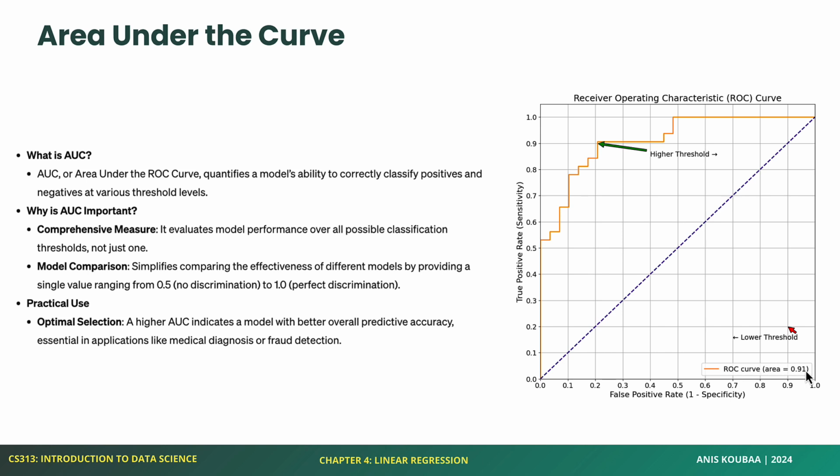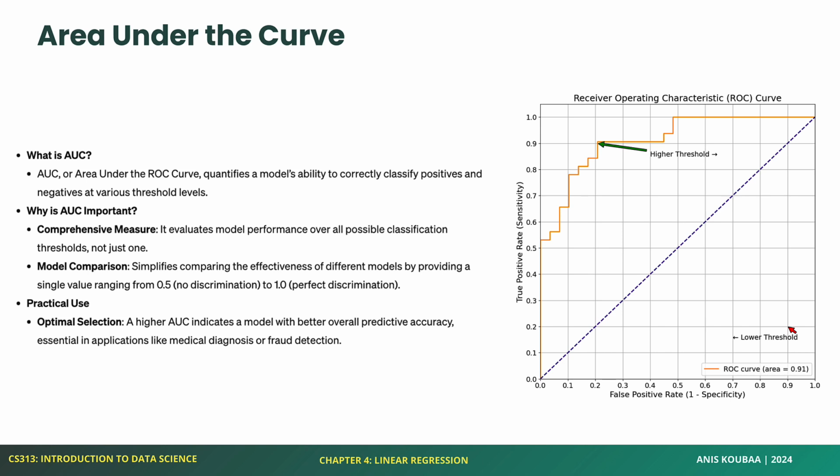It's close to 1. So this is an indicator. If it is 1, it's perfect discrimination between positive and negative. If it is close to 0.5, it means no discrimination. It's random. If it is below, it's worse than random.